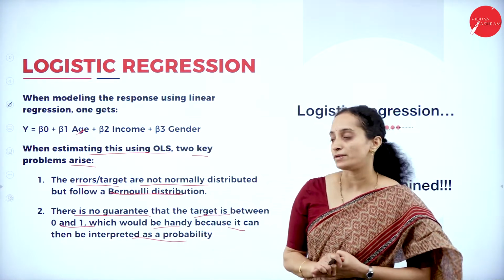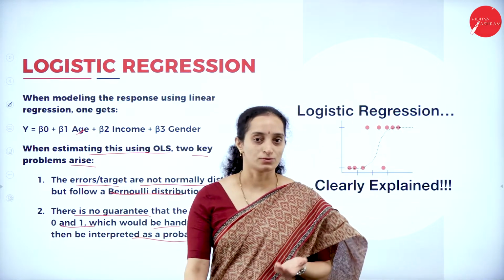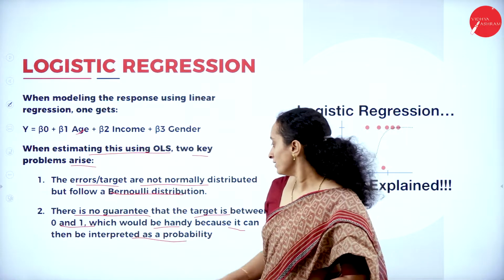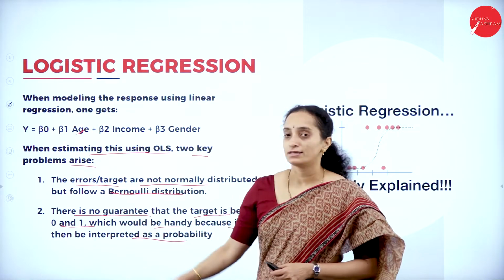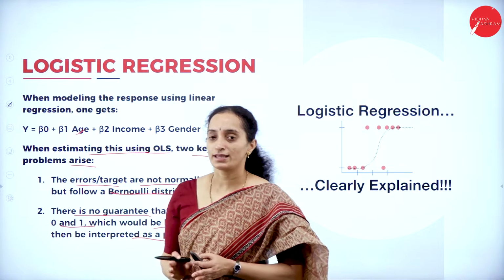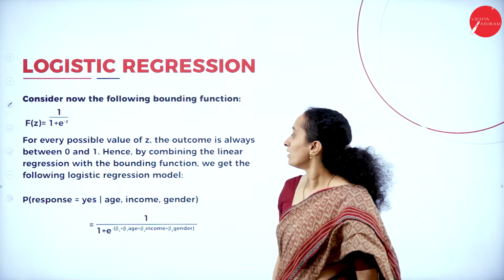You can use the probability concept to interpret and predict the values. There will be a problem in using linear regression because it can't confirm that the values you obtain are only in binary form. Okay, then what can you do?